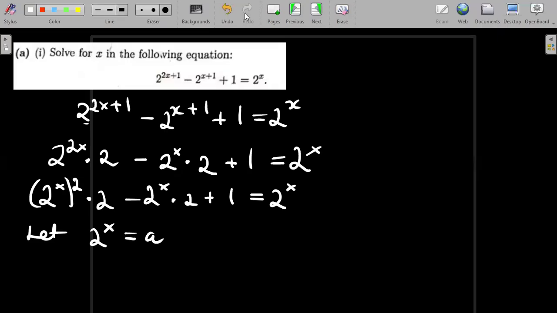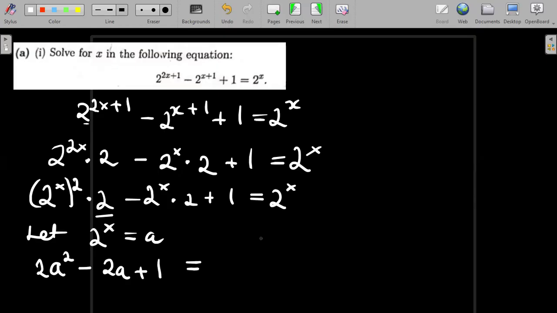Then from there, when my 2^x is equal to a, I can replace where there's 2^x in my equation with a, and I have a squared. So it's multiplying with this 2 here. So that would be 2a squared. Then I have the next one, which is going to be a, and it's going to multiply with this 2, so I have minus 2a, then plus 1.